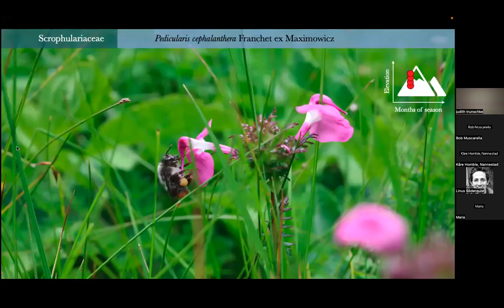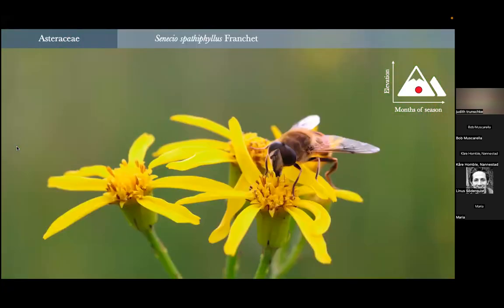And at the same time, co-occurring is Pedicularis cephalantha, which is also very specific because it needs buzz pollination. No other pollinator can get out the pollen of this concealed tube where the pollen is hidden. Only the bees, by buzzing the flowers, can release the pollen from the anthers.